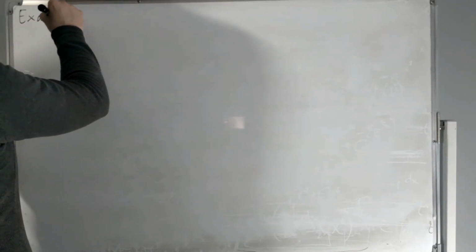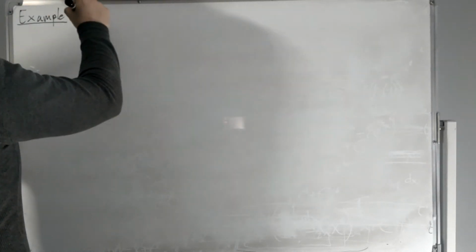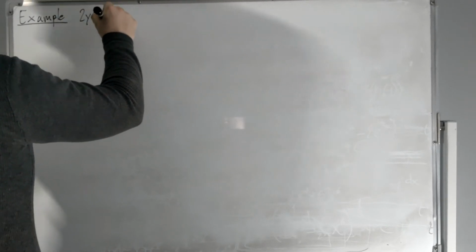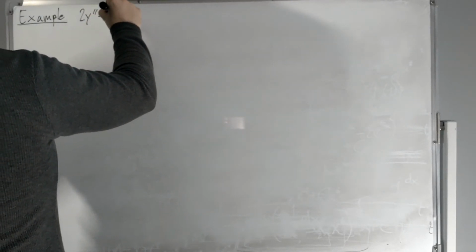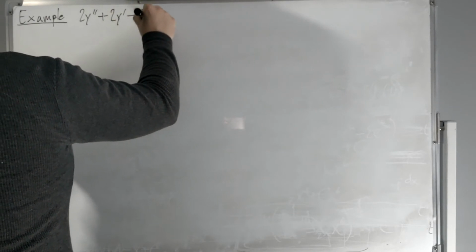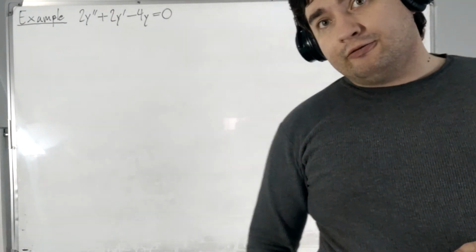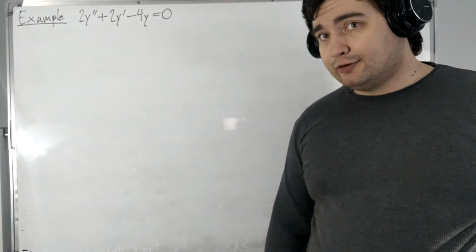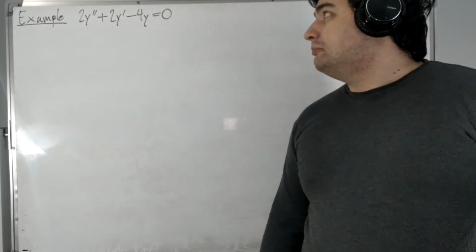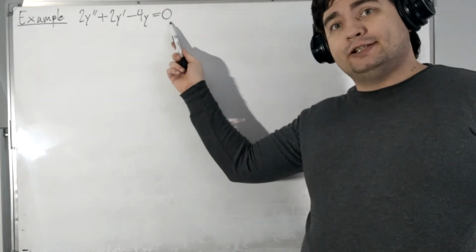So, let's say we want to find the general solution of, okay, let's see here. This needs to be a second order constant coefficient linear homogeneous ODE. So let's take 2y'' plus 2y' minus 4y equals 0. All right, well, certainly that's an ODE. Certainly it's second order. It's linear and it's homogeneous because this is 0.